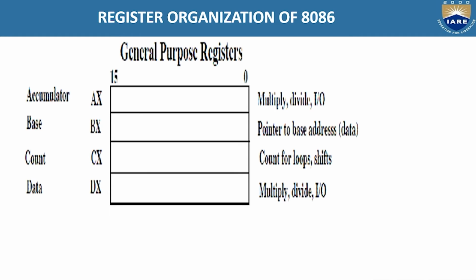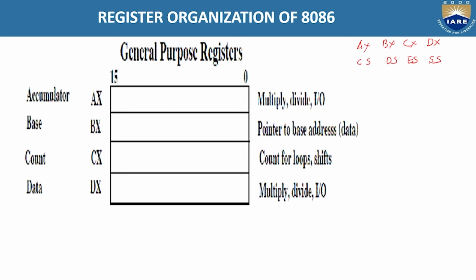So we have total 14 registers in 8086. Those 14 registers are AX, BX, CX, DX, and we have the segment registers, 4 segment registers. They are CS, DS, ES, and SS.